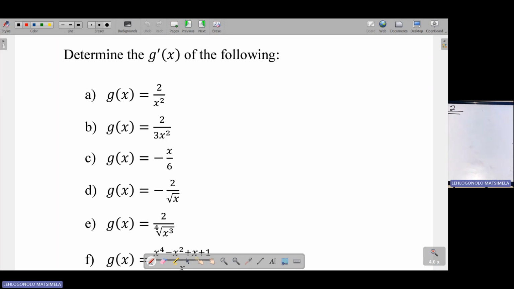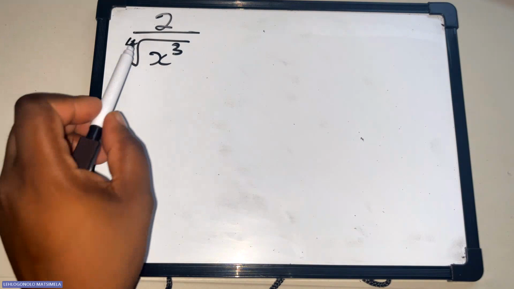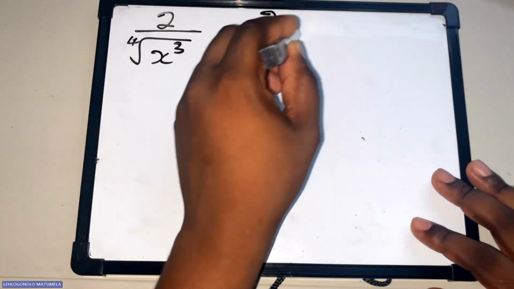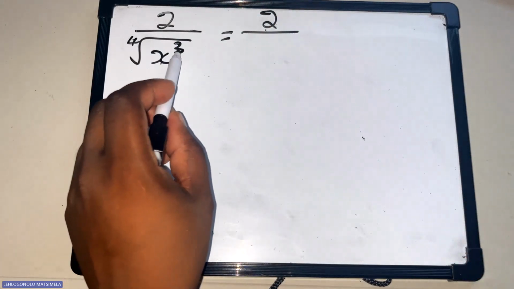Okay, then I'm having something like this. Let me just copy it down, and then we'll see where it leads us. Okay, let's solve it and simplify. So I will firstly get rid of this fourth root. How do I get rid of the fourth root? I will say 2 divided by, and then remember the exponent of x is 3.